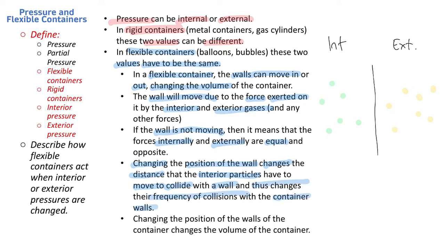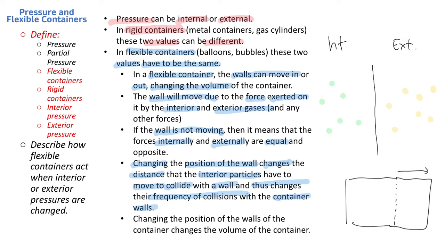So changing the position of that wall, if it moves forwards or backwards. Let's draw this out again. Let's say we make this wall a little bit further away. Here was our first wall where it was, and now the wall has moved across that way.